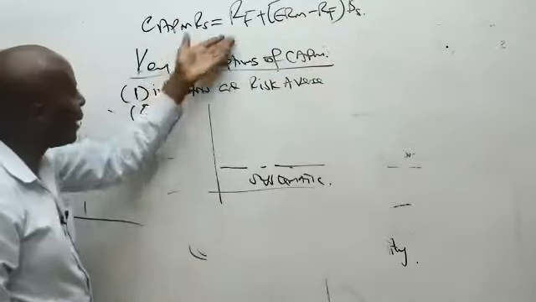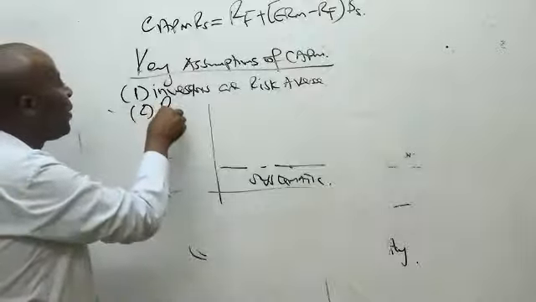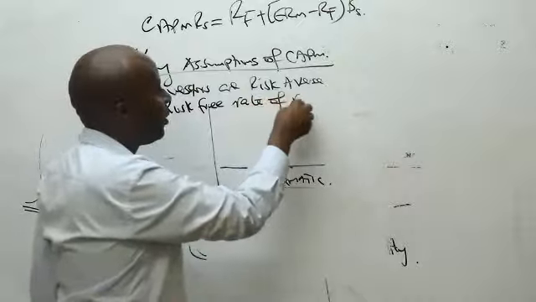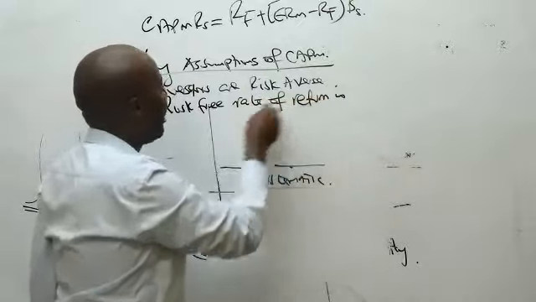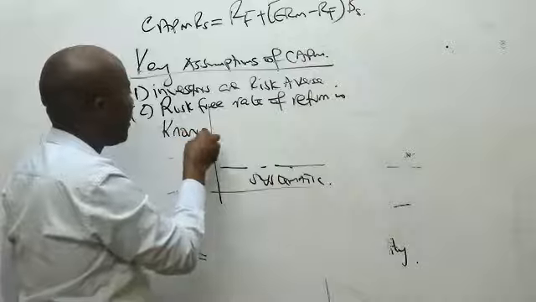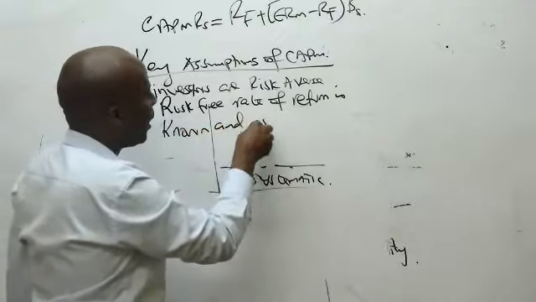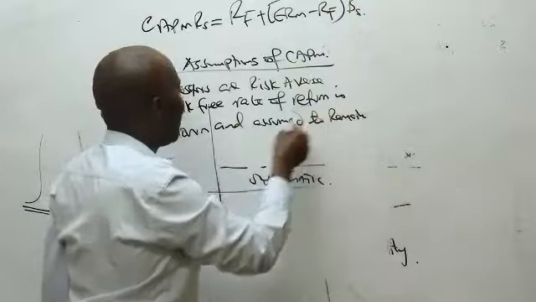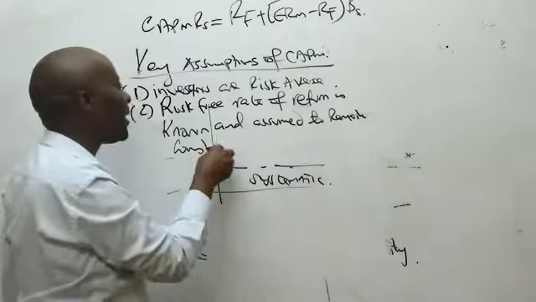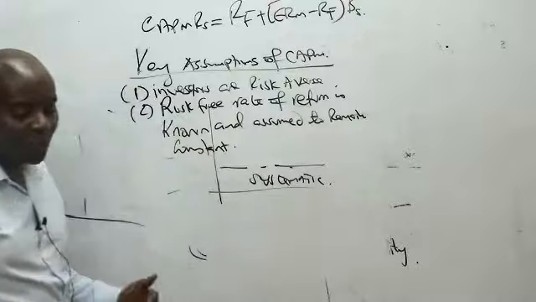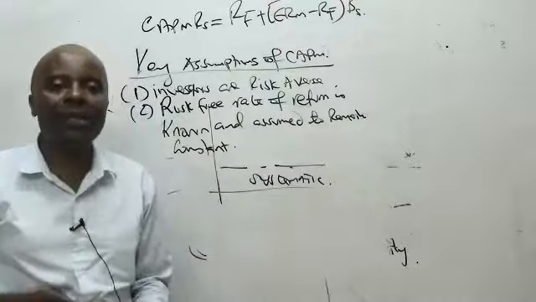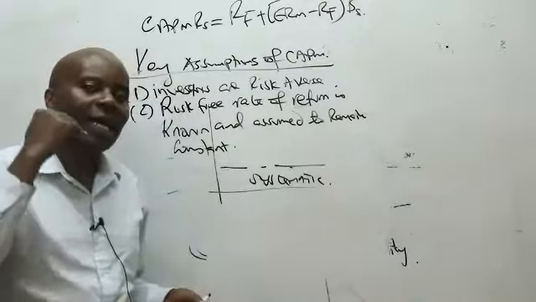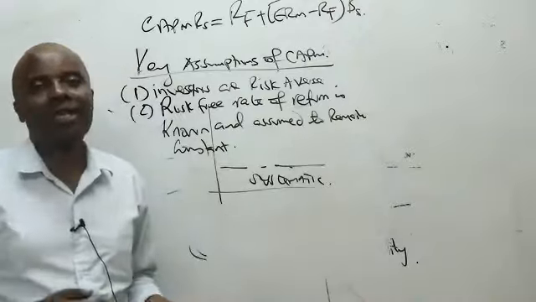There is another one here, number 2, that the risk-free rate of return is known, and assumed to remain constant. It has never been constant, this risk-free rate of return. You always get it depending on how much the government wants. If the government wants quite a lot from the market, they'll offer a high risk-free rate of return.